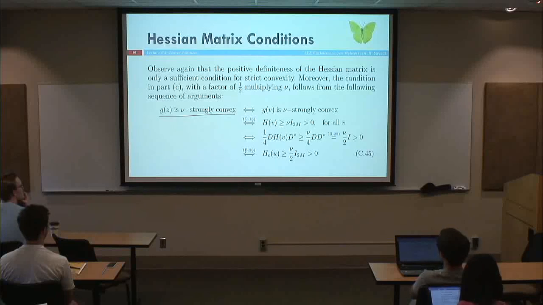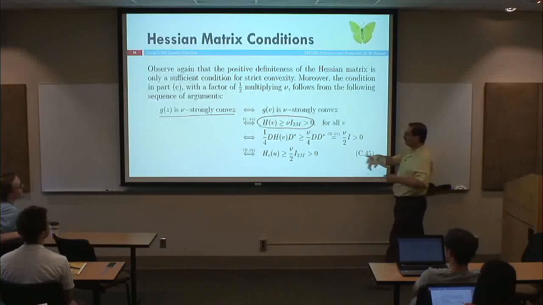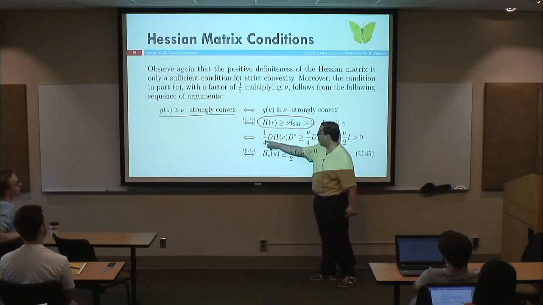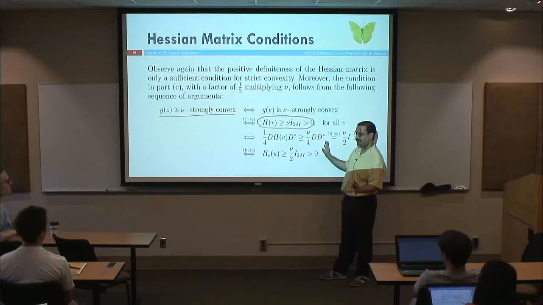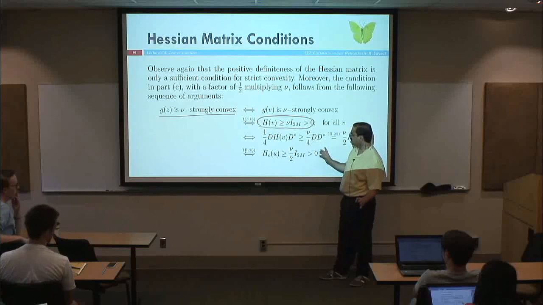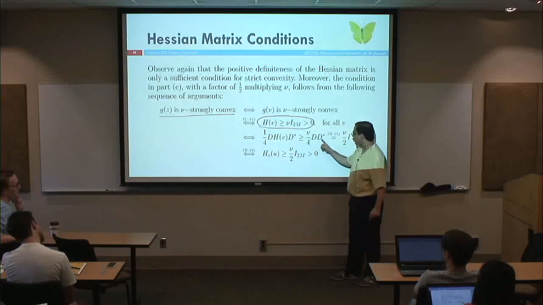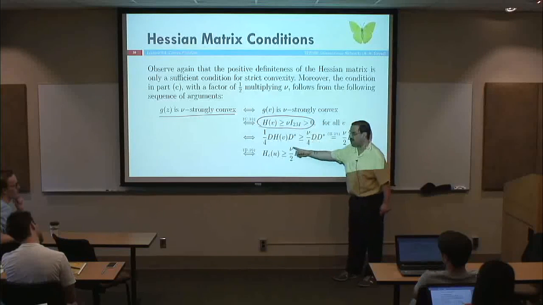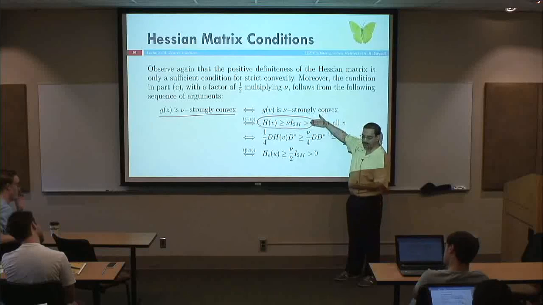Just to explain this a little bit more, if you write it in the V domain, in the case when it is strongly convex, you need h of v to be lower bounded by nu. But now if you transform h of v, if I multiply by d star 1 over 4, d star 1 over 4, nothing changed. And the reason I do that is because this becomes the complex gradient. And this becomes nu over 2. So that's why the 2 comes up. If you write it in the V domain, you don't have a 2.